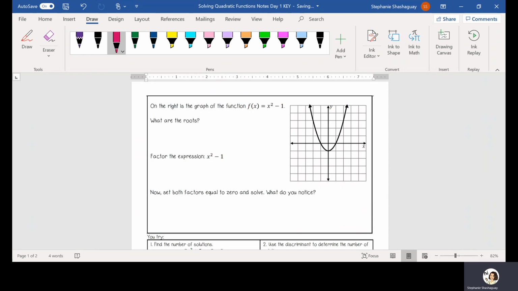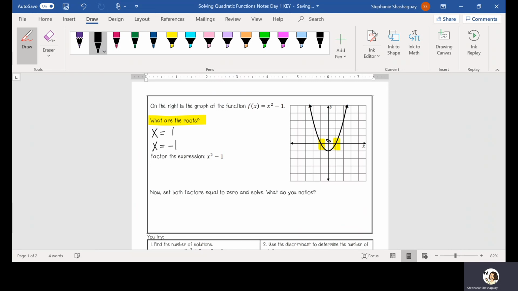So on the right is a graph of the function f of x equals x squared minus 1. It asks, what are the roots? Well, the roots here, I can tell you just by looking at the graph. My roots are right here. So x is equal to 1 and x is equal to negative 1, right?